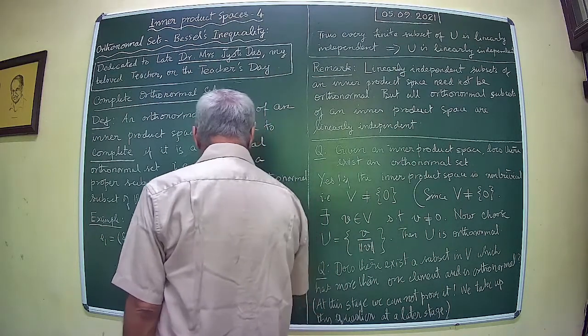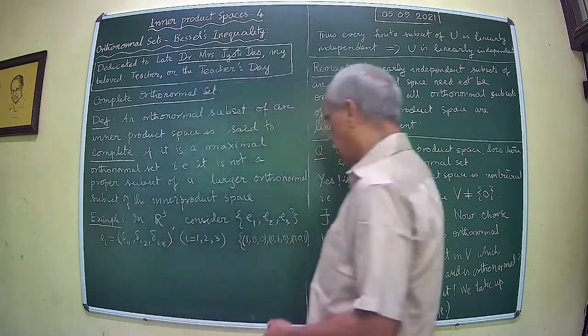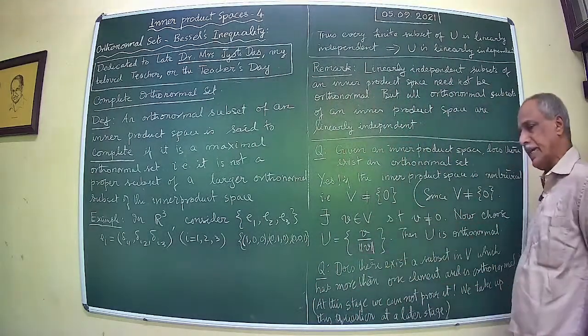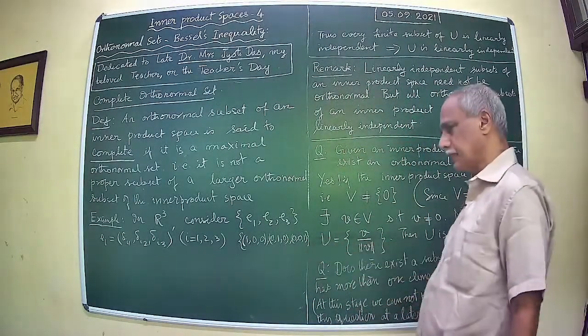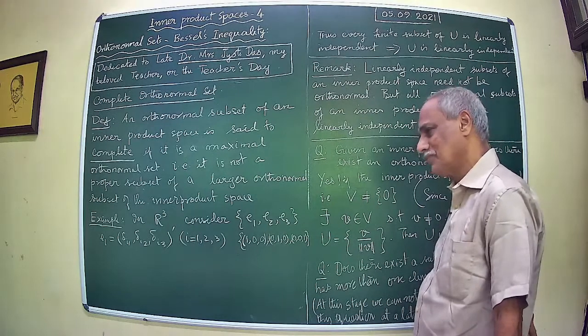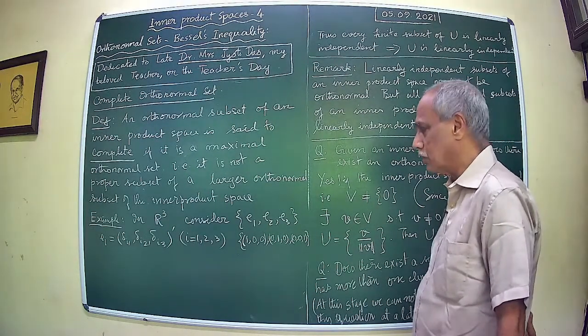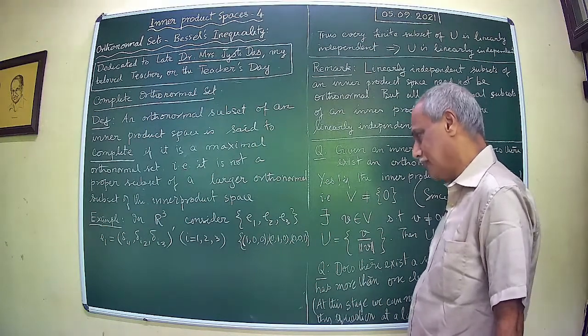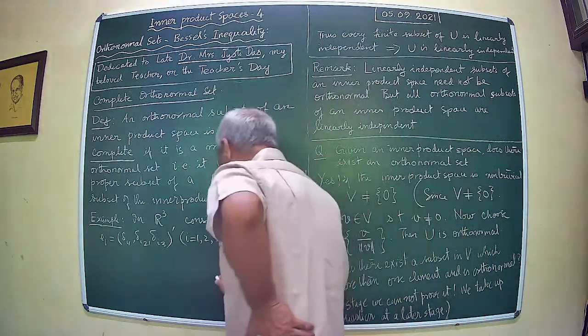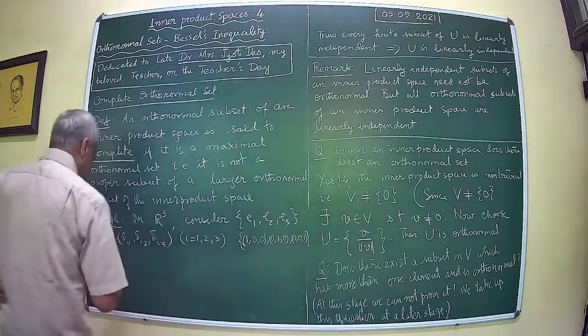Now you see that you cannot put an extra element into this collection and still have that new collection orthonormal. Why? Because suppose you put, I'll just give a quick proof of this.